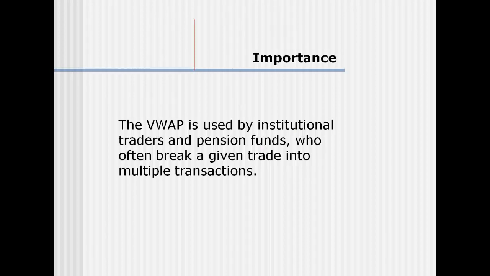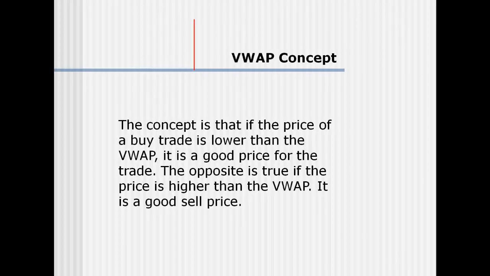As you begin to see how prices react to the VWAP on a chart, it will really enhance the significant point that I'm trying to make, that in fact many large traders do use it. You'll see it in action. Well, what is the VWAP concept, and what is this all about?